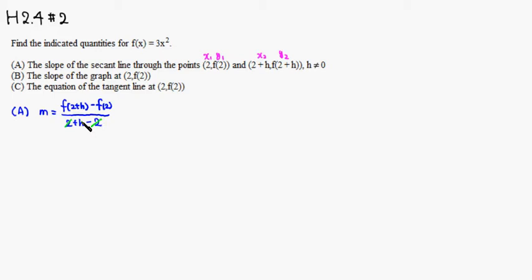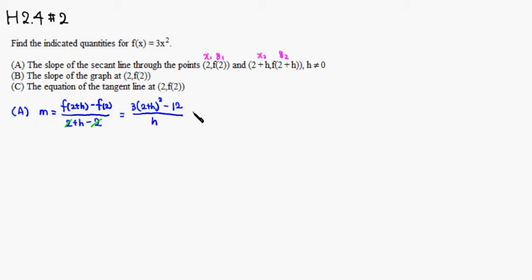Then since the function is 3x squared, we know that f of 2 plus h is 3 times, every time we see x, we put 2 plus h in it, then squared. Minus f of 2, which is 3 times 2 squared, so it's going to be 12. Then all over h.